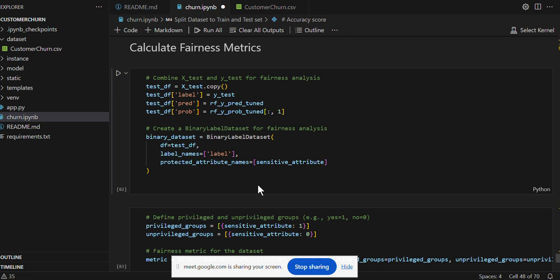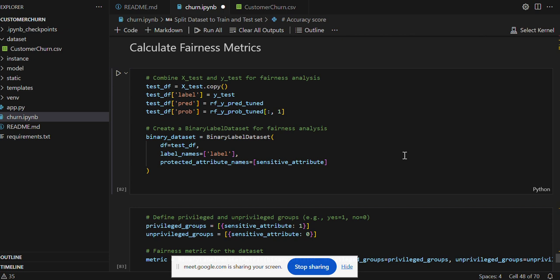You can see from the test instances we copy the test, then we also copy the label, the y test, and join it. Then we create another column for the prediction and another for the prediction probability.